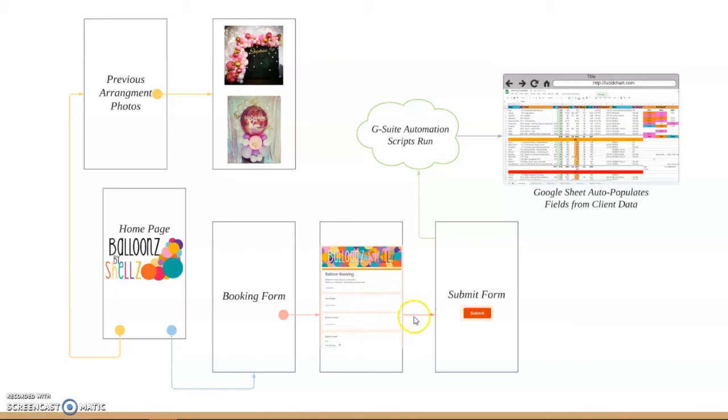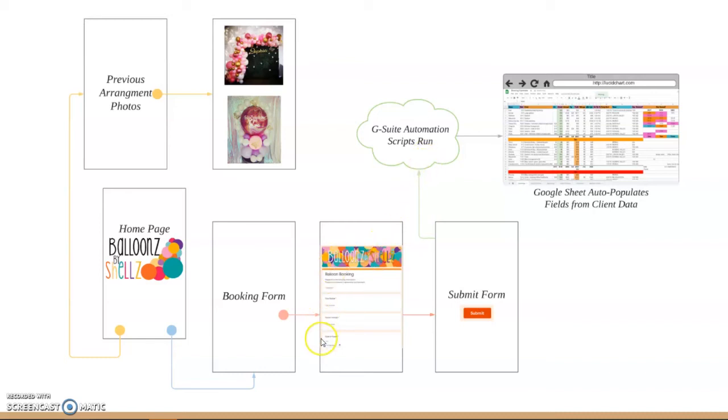At the bottom of this form, there's a submit form button. And once that happens, this is my favorite part of the website. The little cloud automation process gets sent to Google G Suite automation scripts, and they begin running. This would be feature one of the business plan, to automate the process.